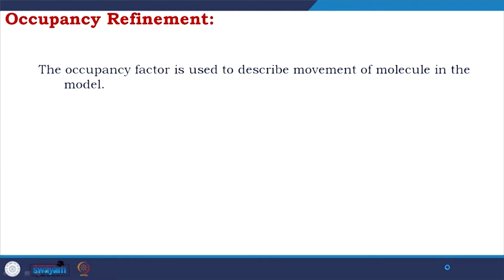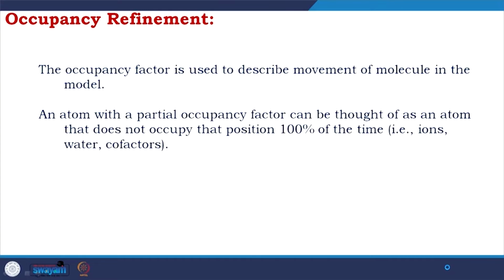Occupancy refinement. The occupancy factor is used to describe movement of molecules in the model. An atom with a partial occupancy factor can be thought of as an atom that does not occupy that position 100% of the time. Occupancy is a very interesting subject. Why?